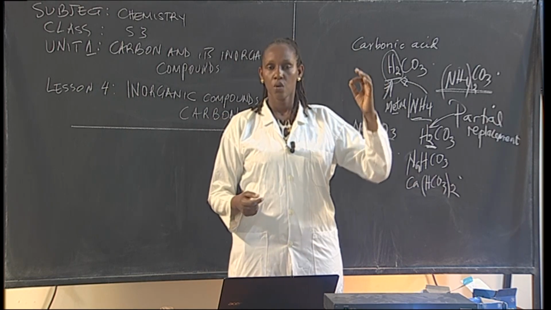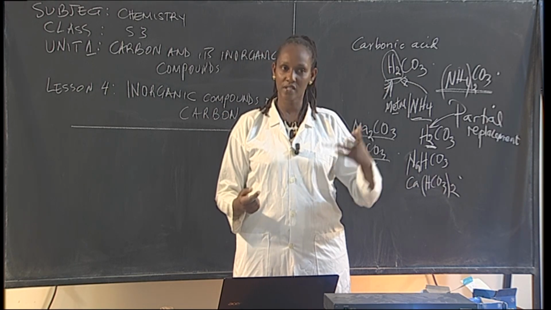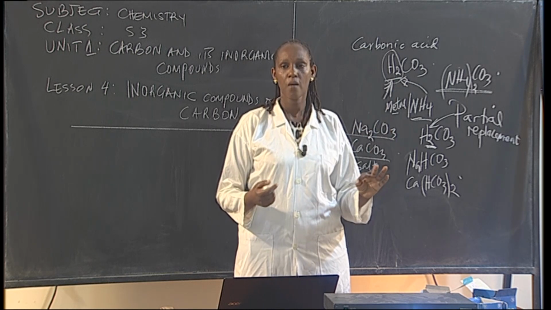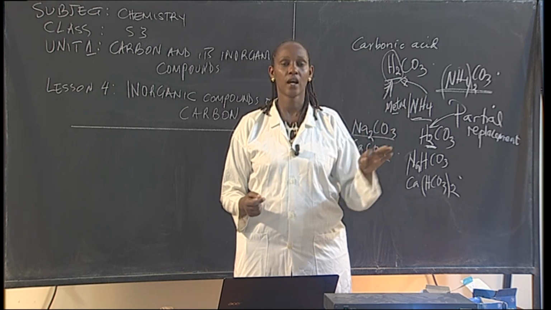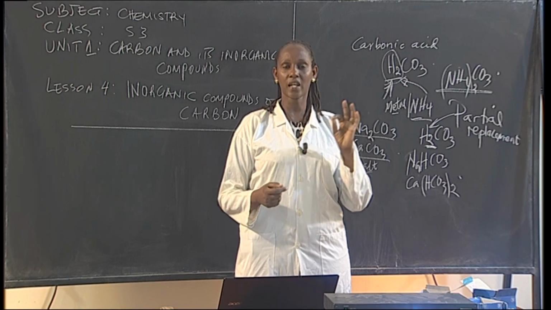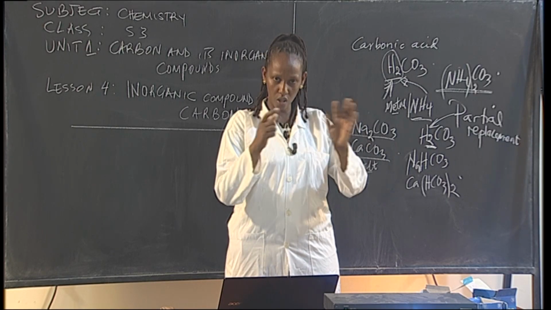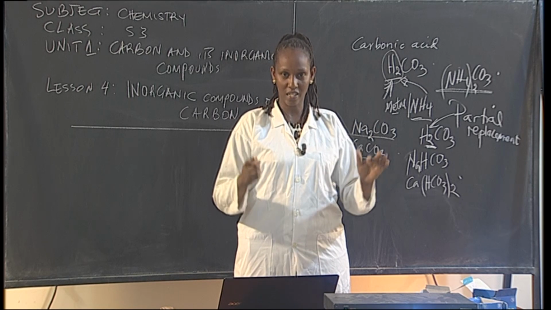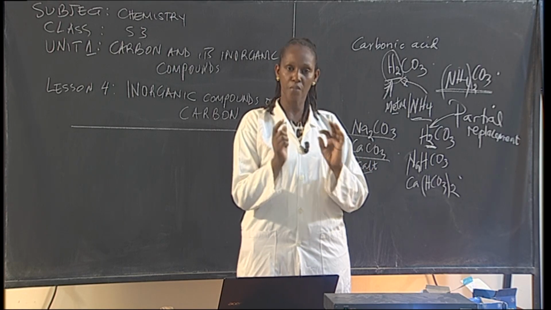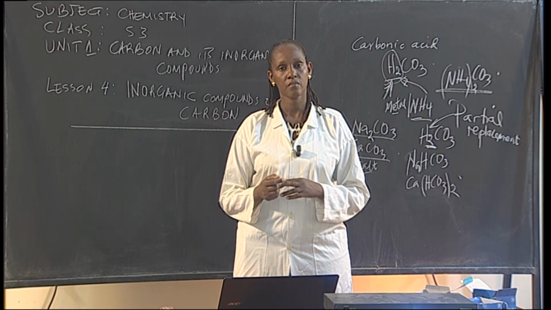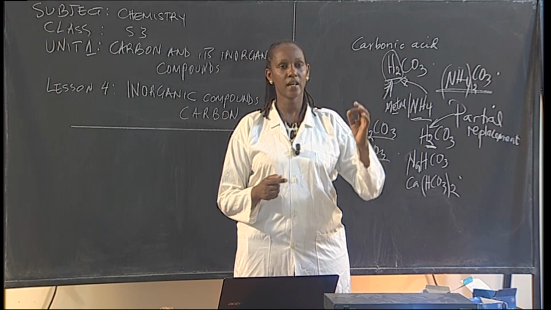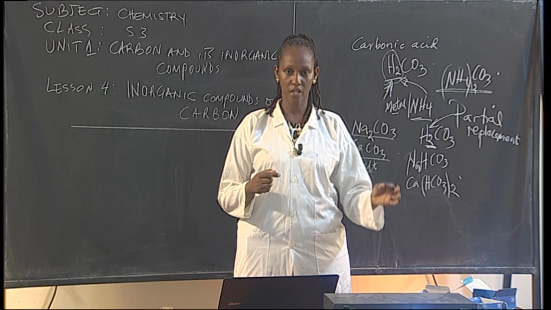Now, carbonates and hydrogen carbonates. We have said that carbonates are formed when the whole of the hydrogen of carbonic acid is removed and replaced by either a metal or ammonium.